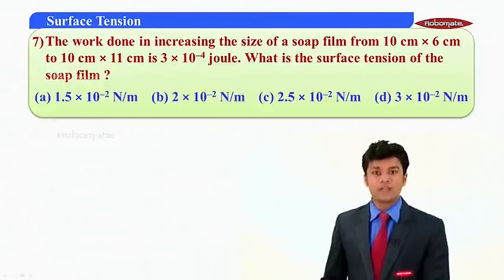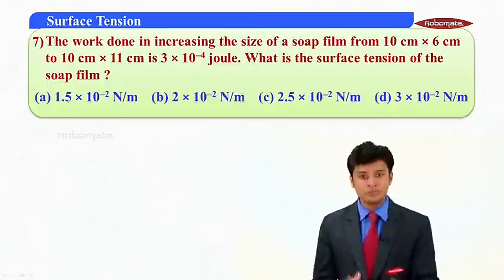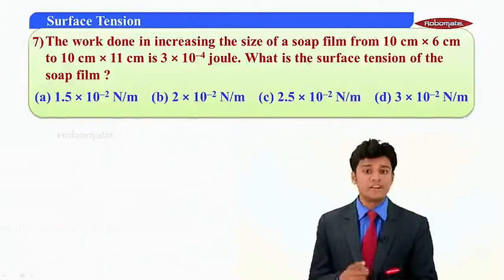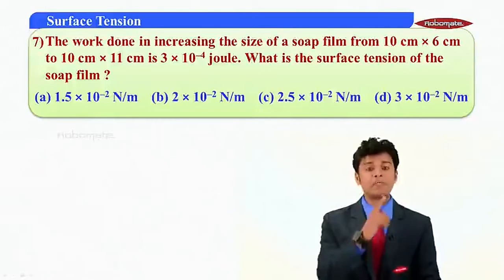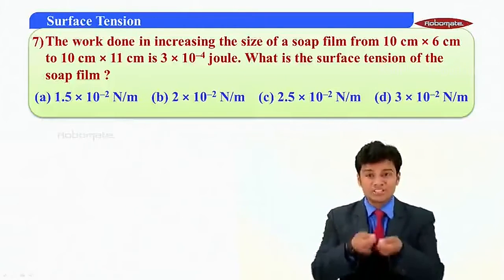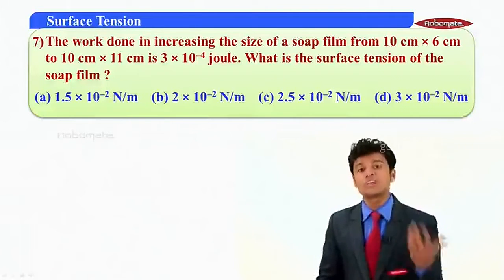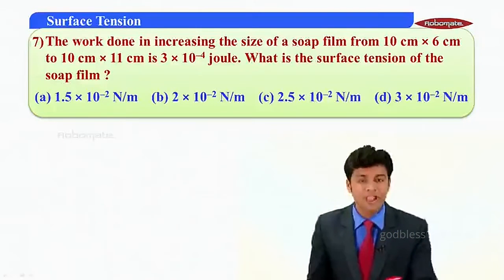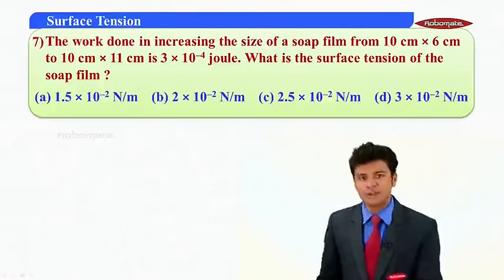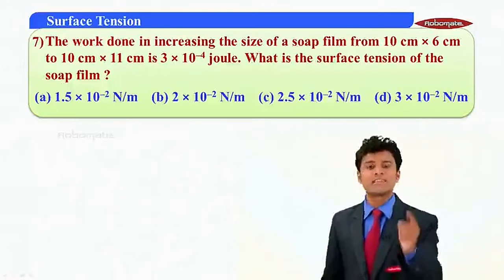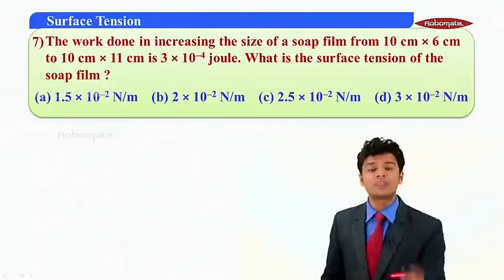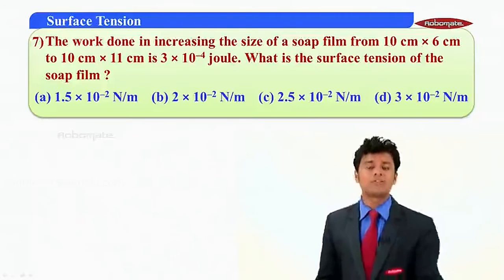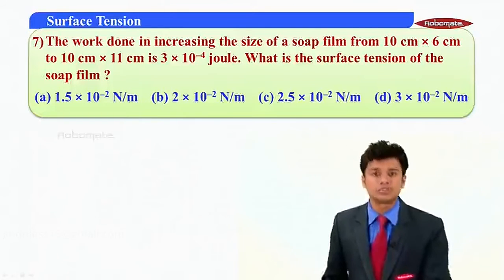The original area is 10 centimeter by 6 centimeter, then you stretch the film and the new surface area becomes 10 centimeter by 11 centimeter. When you stretch, work has to be done, given as 3 into 10 raised to minus 4 joules. You need to calculate the surface tension of the solution.